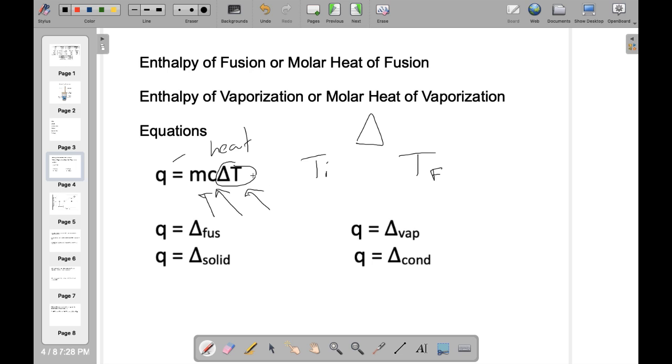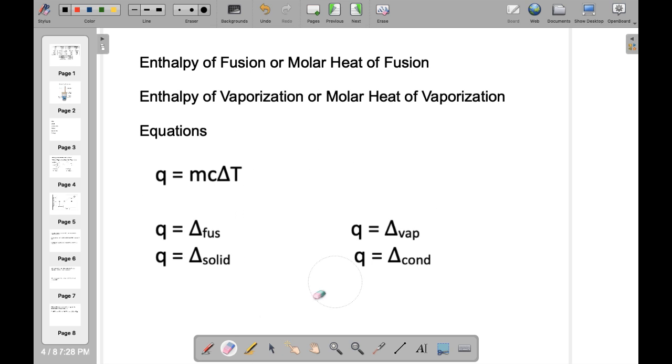This is normally in Celsius, with mass in grams, and then they'll give me a specific heat. This is a common equation we use quite a bit. Down here, heat equals the enthalpy of fusion, solidification, or vaporization, and these are the numbers they give us. These are other common equations we can use.